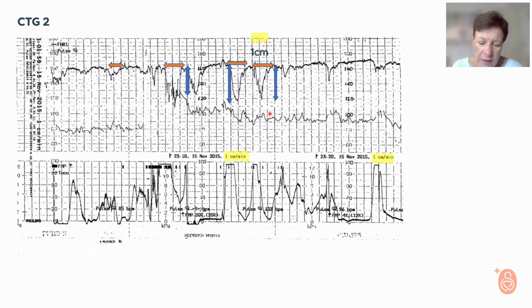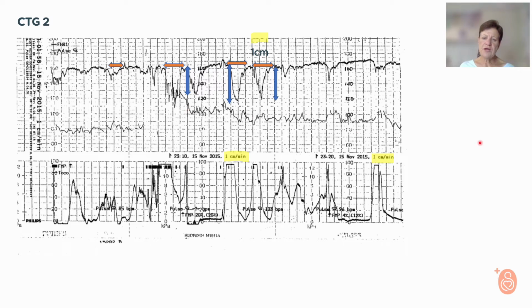They are decelerating from just above 160 beats per minute, and they're coming here to about 120 beats per minute. So it's about a 40 beats per minute deceleration.